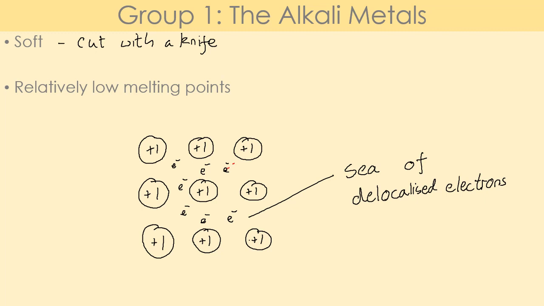So we get a force of attraction between them. So we have this force of attraction between them that is holding them in shape. And if we're being really, really pernickety, it is an electrostatic force of attraction.